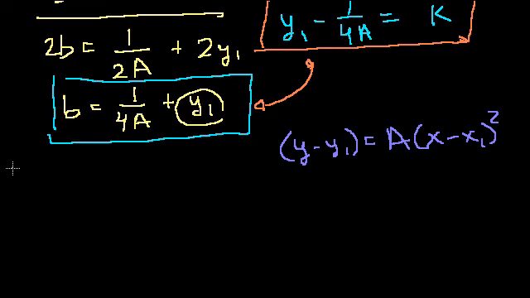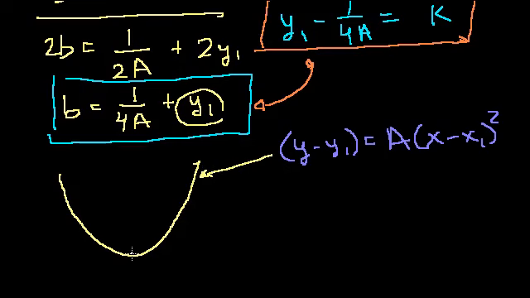I don't know where it is relative to the x and the y axis, but it'll look something like this, this U shape. It could actually be downward pointing, but I'll just assume an upward pointing parabola for now. That's this formula. Its vertex right there is the point x1, comma y1.